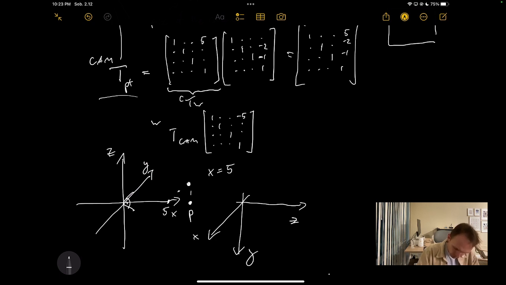So we want z to become 5. So z points away from us. Then y was minus 2. Wait, I misdrew it. So y was minus 2, so it's like 1, 2. And then z was minus 1. Minus 1, here it was.